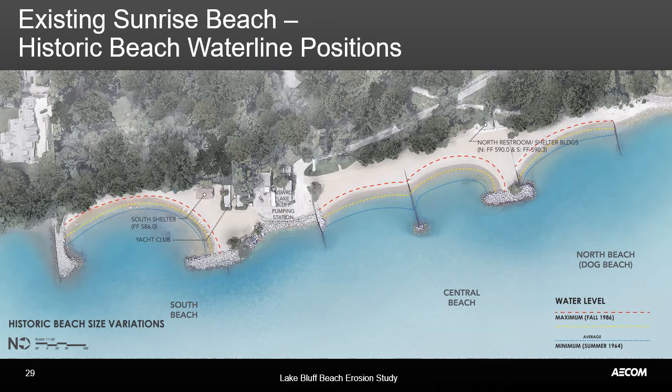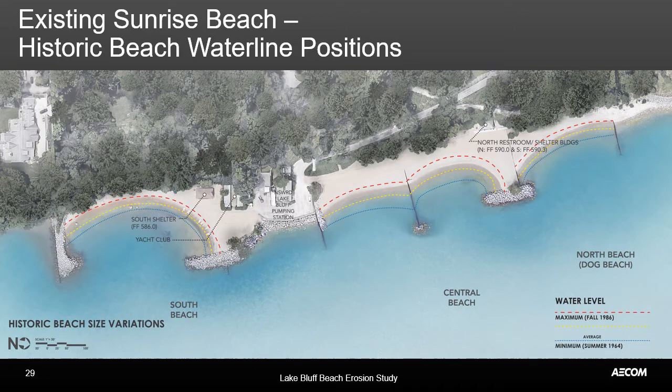So this is reflecting the statistics of the last 100 years. As we go forward and the beach experiences erosion, these three lines will all migrate toward shore, closer to shore.